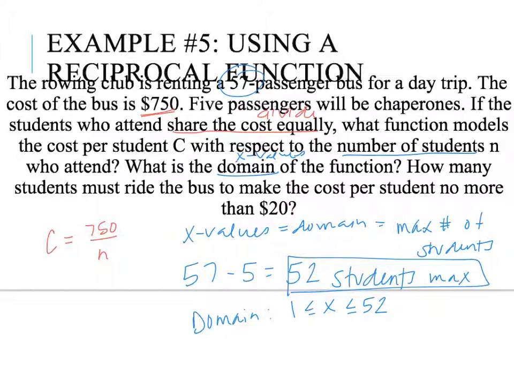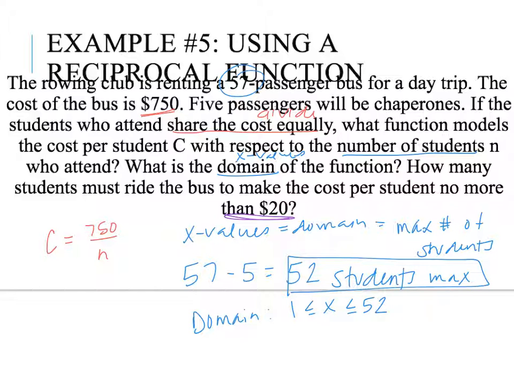All right, now the only reason we really want to know the domain is because we're going to try and fix our window. So the real question comes when we start talking about how many students must ride to make the cost per student no more than $20. So that's the really tricky part. Actually, it's really not tricky. Really what we have now is 2 functions.